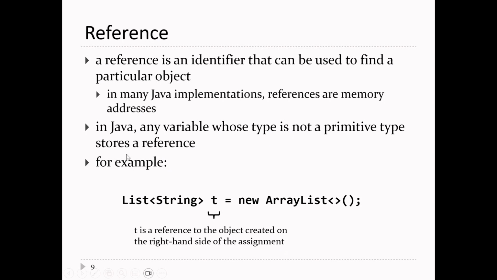Here, that variable t, because t is a reference type, stores a reference to an ArrayList object in this particular case. For C programmers, you can think of t as a pointer to an ArrayList object. It lets you find that object in memory.